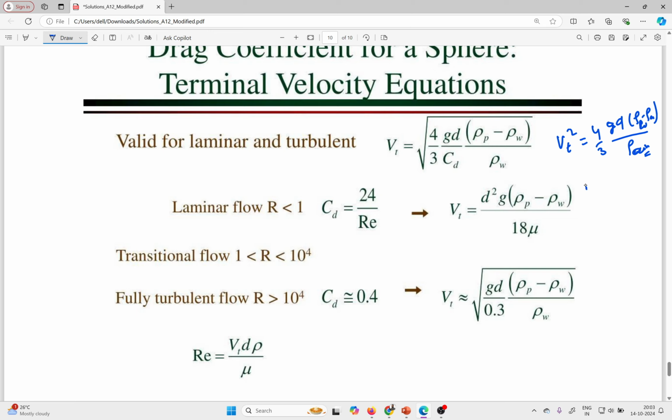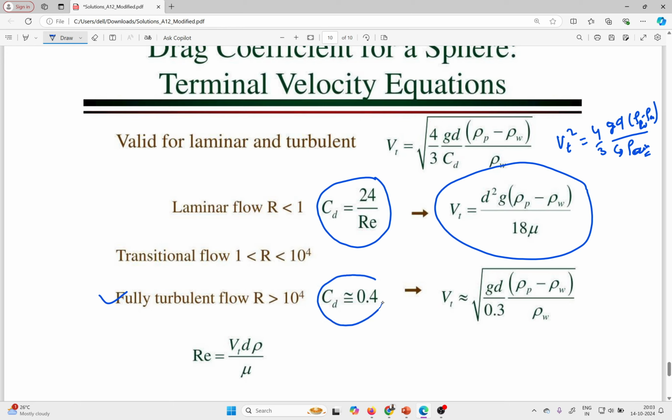Now this formula we generally see, because this question is about the CD. If your flow is laminar, CD value is 24 by Re. Please remember. If your flow is fully turbulent, CD value is 0.4. So you will put that here. And Re, you know already, what is Re?